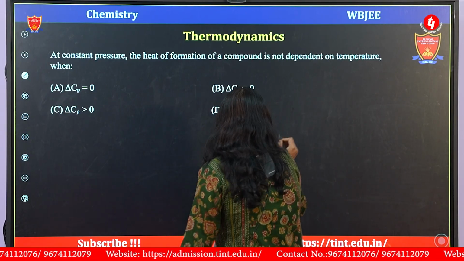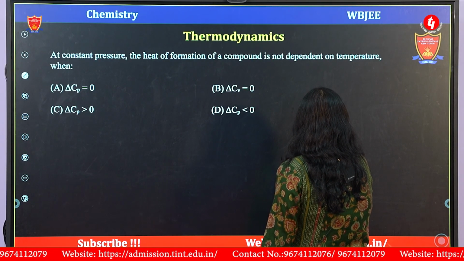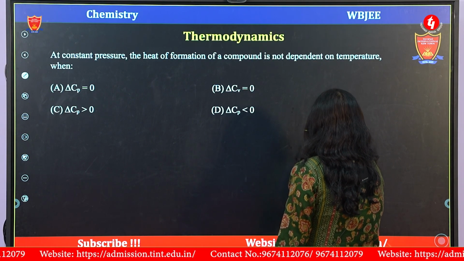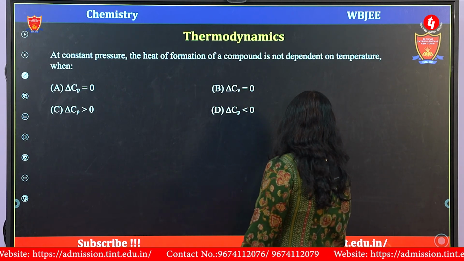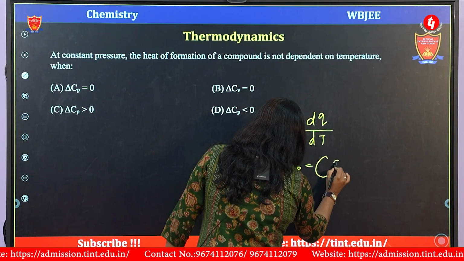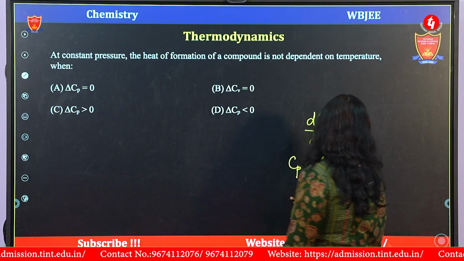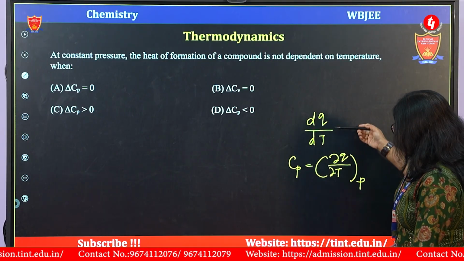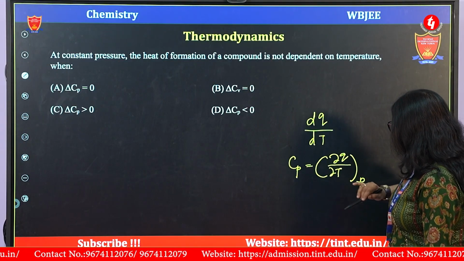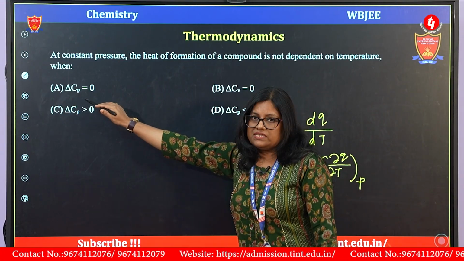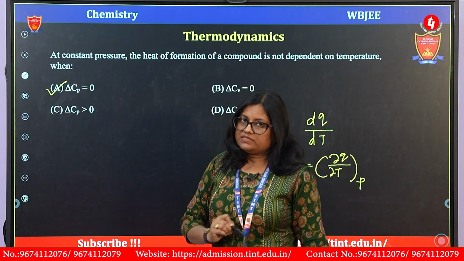That is, you can say it is dQ/dT and it occurs at constant pressure. Cp equal to (del Q/del T) at constant P. Now, when it does not depend on temperature, delta Cp becomes 0. So, this option is correct.